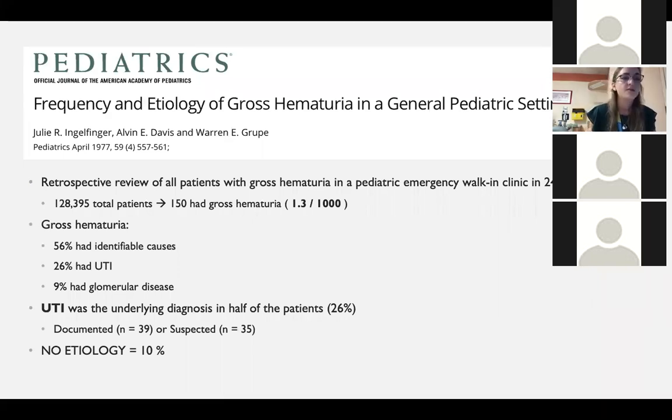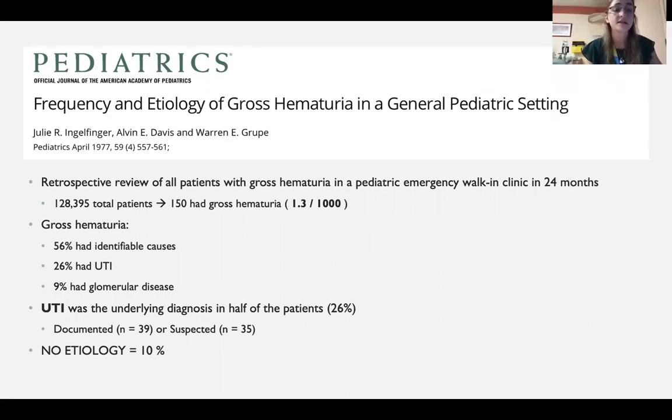So I have a couple of papers here showing the distribution of the causes of gross hematuria in the pediatric population. This first one is from 1977, but it's cited in every single publication about gross hematuria in children. It's a retrospective review of all patients in the emergency ward over the span of 2 years. Out of the 128,000 patients seen, only 150 had gross hematuria, showing the incidence that I mentioned earlier of 1 in 1,000.